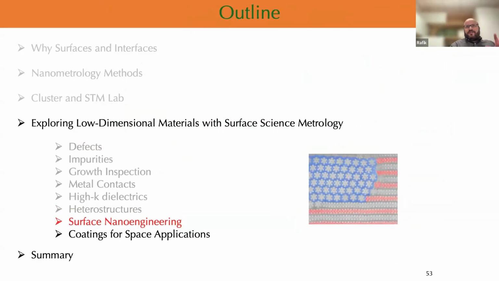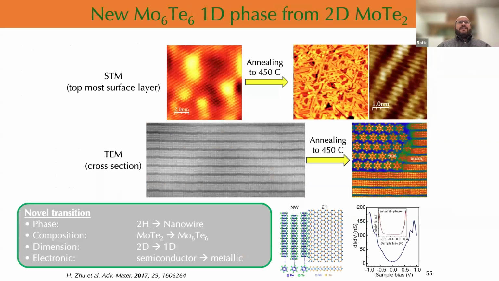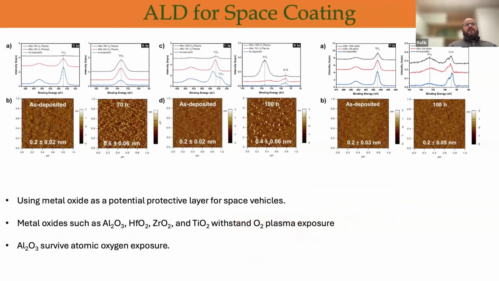And probably I will finish with one recent work that I'm doing. When you have a surface science lab, you can do research at the nanoscale level, but you can also go to space. Currently I'm developing materials for space coating, especially for satellites in low Earth orbit, because there is a lot of atomic oxygen at this altitude, and there is a lot of degradation of the materials, and because of the degradation of the materials, there is also drag.